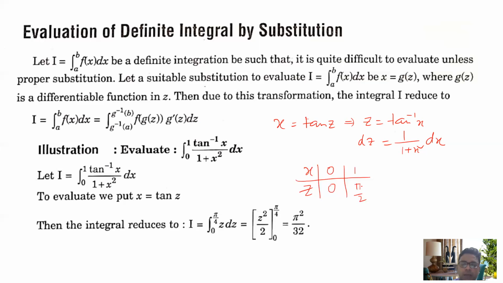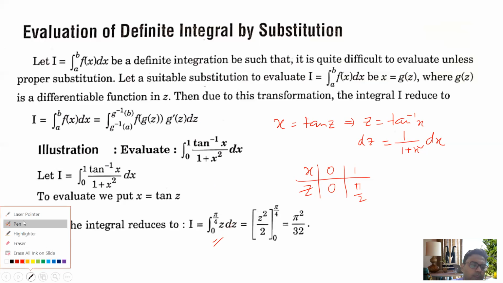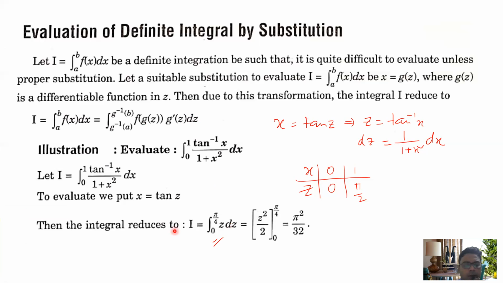So that's why the integral from 0 to 1 transforms into the integral from 0 to pi by 4.